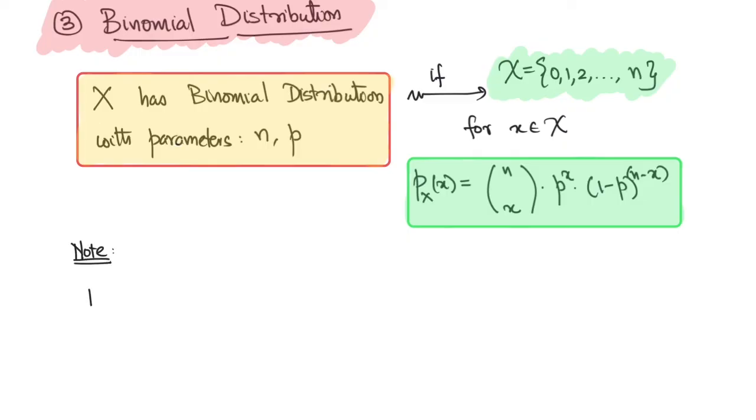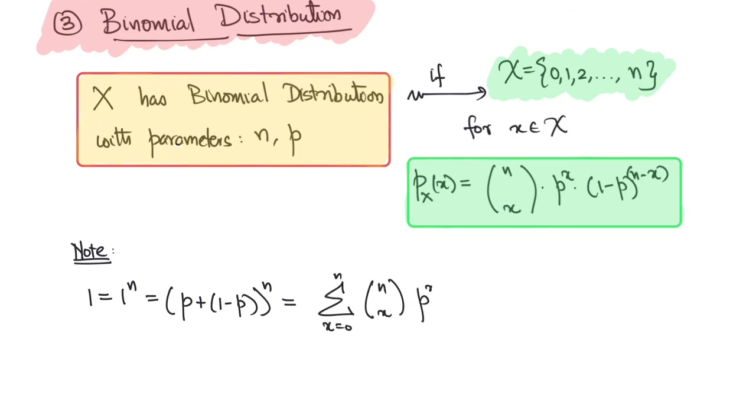This is called the binomial distribution because we use the binomial formula to show that p sub X is in fact a PMF, that is a probability mass function.